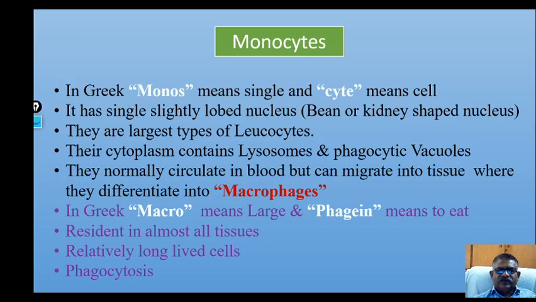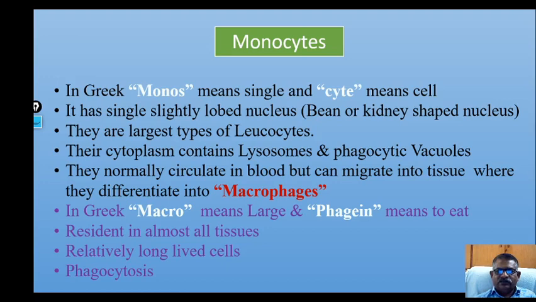They are a large type of leukocyte, and when they pass from the blood vessels into the body tissues, they get differentiated into macrophages. Their cytoplasm contains lysosomes and phagocytic vacuoles, and they normally circulate in blood.